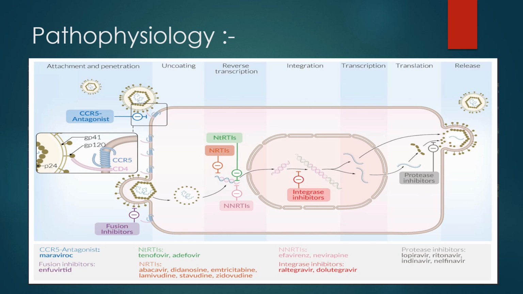Then there is a conformational change in the cells, which is brought about by GP41, and then there is penetration of the virus. Then there is uncoating of the virus. Uncoating means the capsid which has entered the cell gets broken down, and the genetic material is released into the cytoplasm of the host cell.